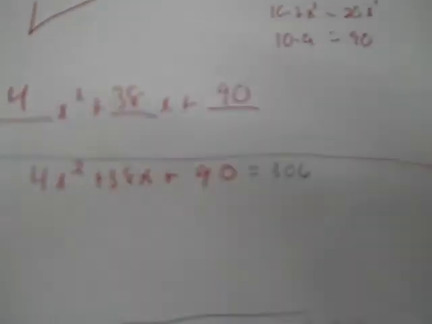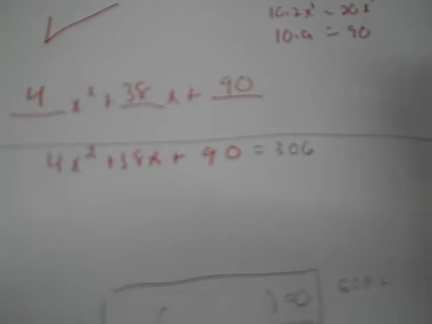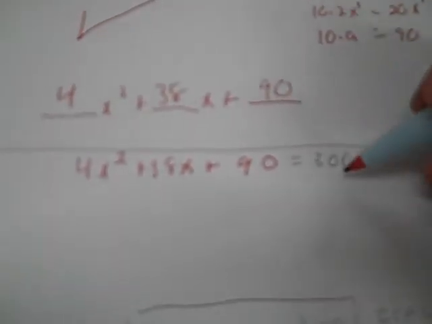Now we have to find the two answers for x, because the equation has two answers since it's x to the second power. Whenever I'm finding two answers, you don't have your zero, so you need to move the 306, subtract it from both sides.